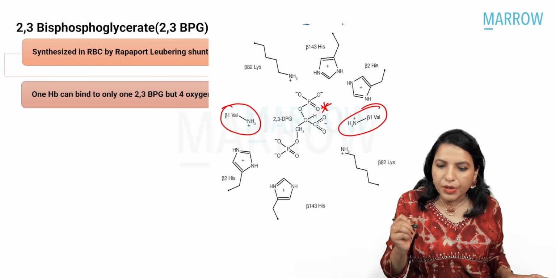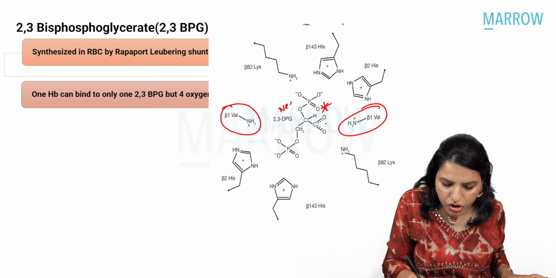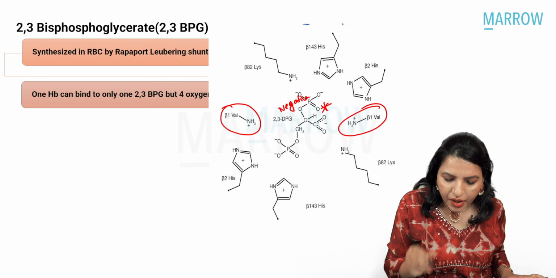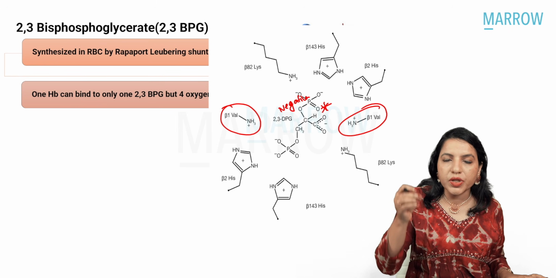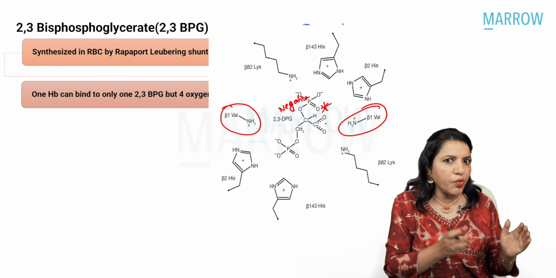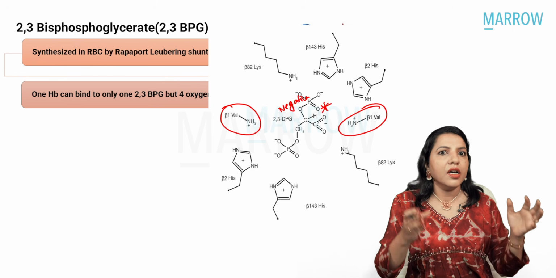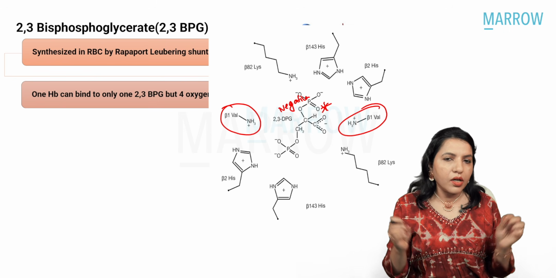What is the charge of this 2,3-BPG? It's negatively charged. This negatively charged 2,3-BPG is attached to the positively charged amino acids and positively charged groups of amino acids present in the globin chains. Which globin chains? These are the beta globin chains.